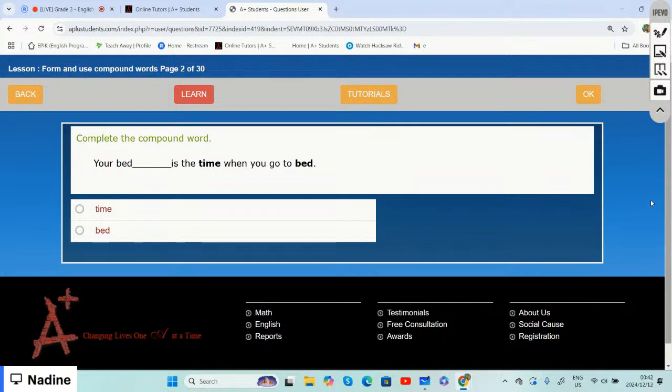So a bed what is a time when we go to bed?